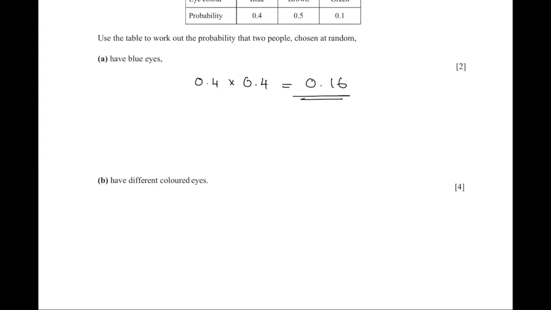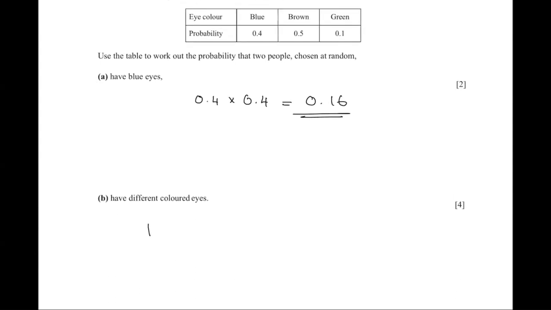So one is quite easy if you want to do it: blue, brown, blue, green, brown, green. That's it. So probability of blue, brown, plus probability of blue, green, plus probability of brown, green, and there are 2 arrangements with this.